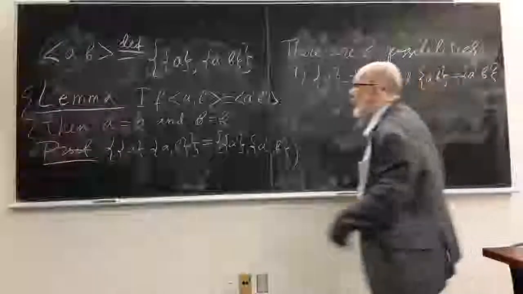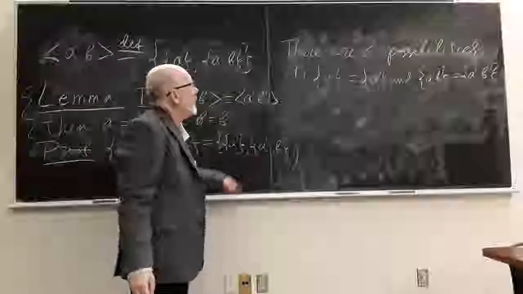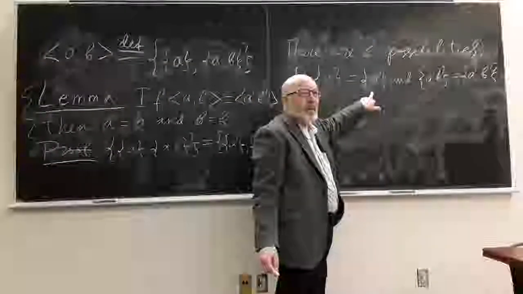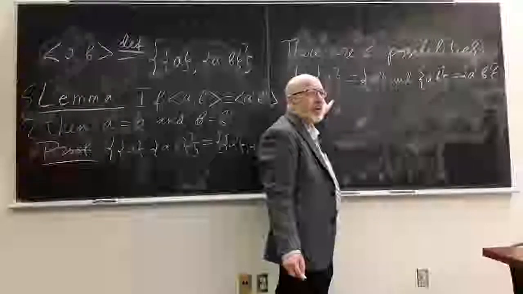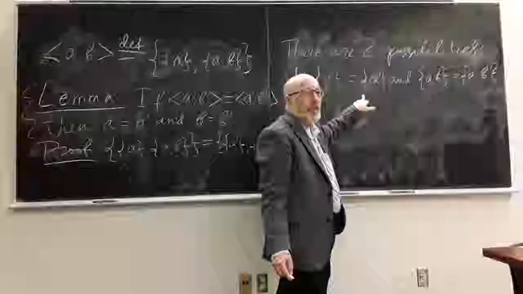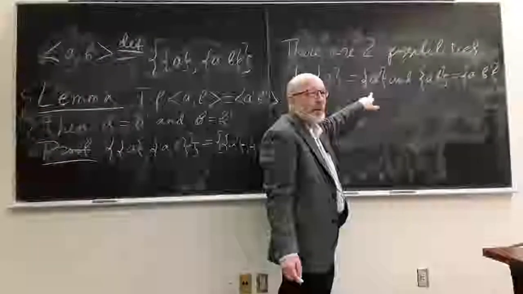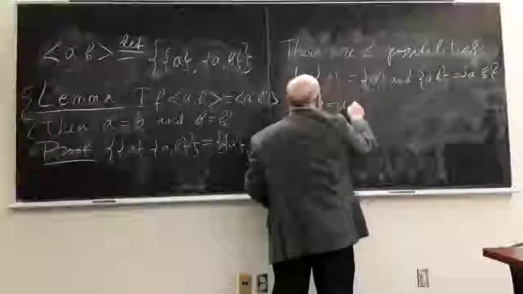So this element equals this element, and this element equals this element. Since the two sets are equal, each element of one set is at the same time an element of the other. Here we have just one element, so A equals A prime.